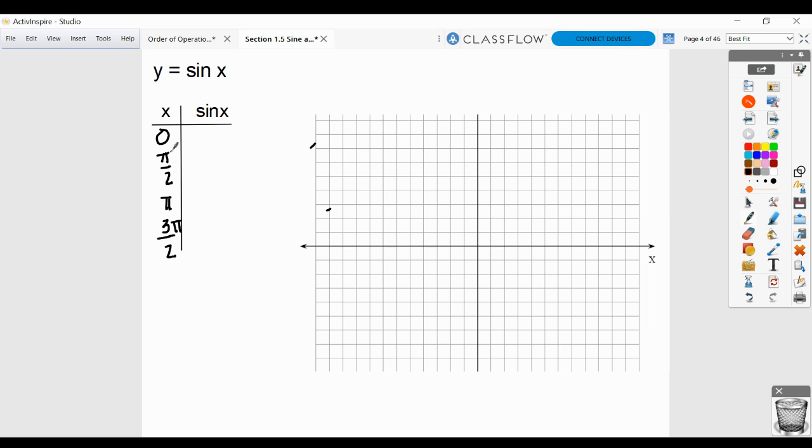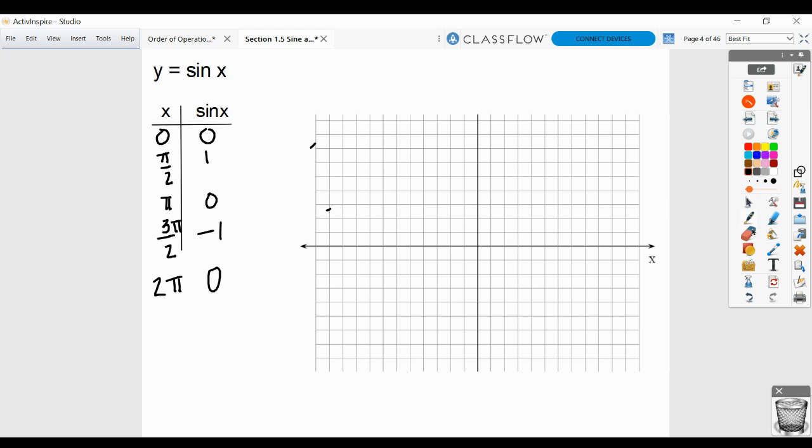So remember that's 0, 90, 180, and 270. Then you would put those in your calculator, sine of 0, sine of pi over 2, sine of pi, sine of 3 pi over 2, or you would look at your unit circle, or your blue sheet, because we have those on there as well. This would be 0, 1, 0, -1, and then I need another one, 2 pi would be 0.